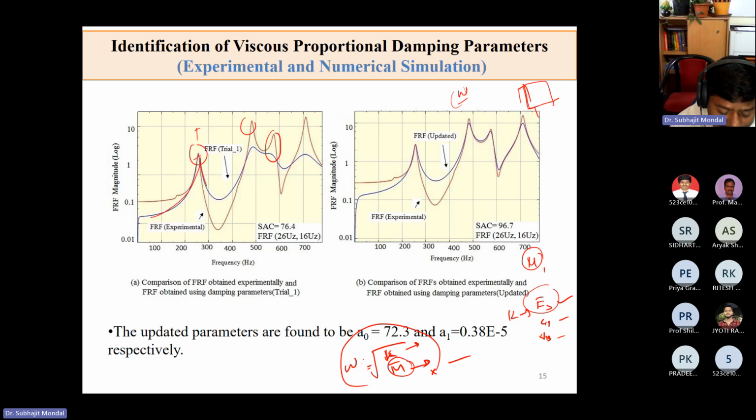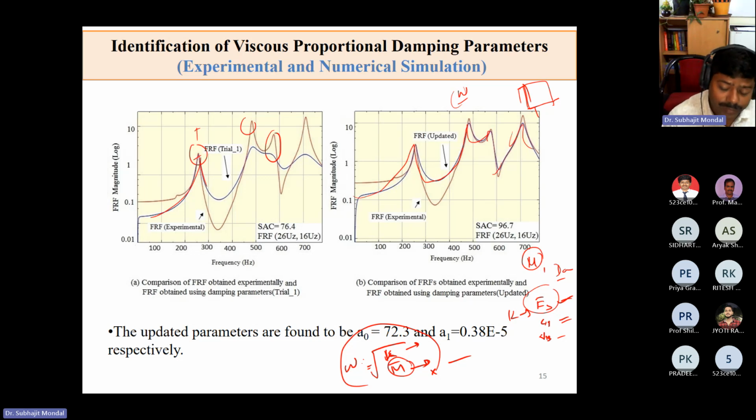If you update the damping parameter, you will observe that we are getting a very well matched FRF. So if you update both stiffness, in the sense of E values, G value, and Poisson ratio, and you update the damping, you'll observe that your FRF response is matching very well. So this way we can deal with our model analysis problem.